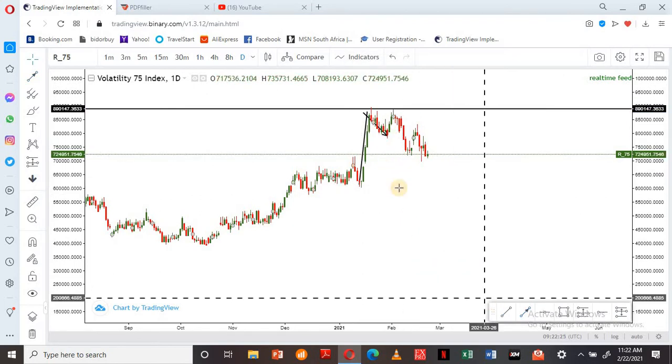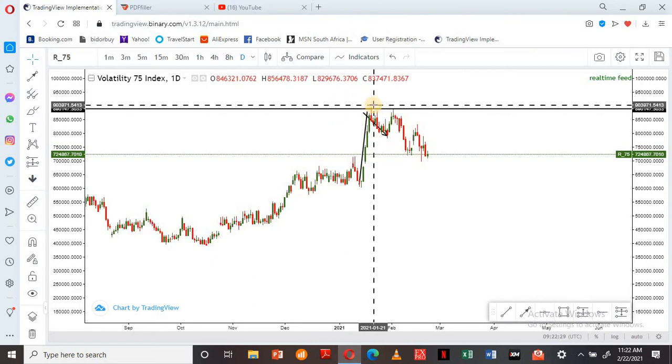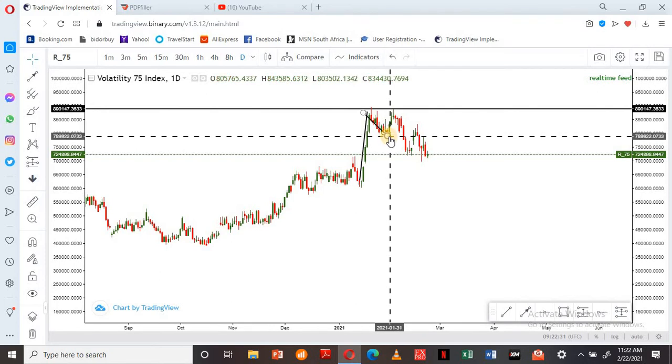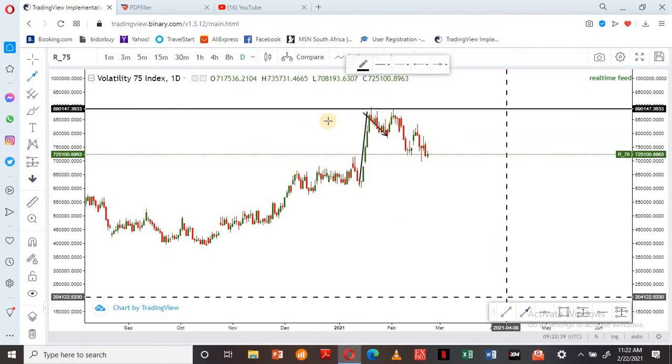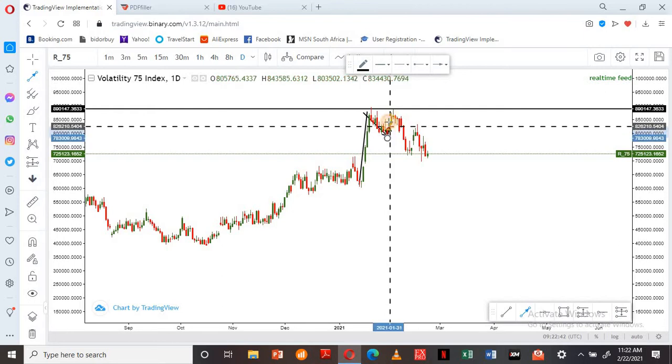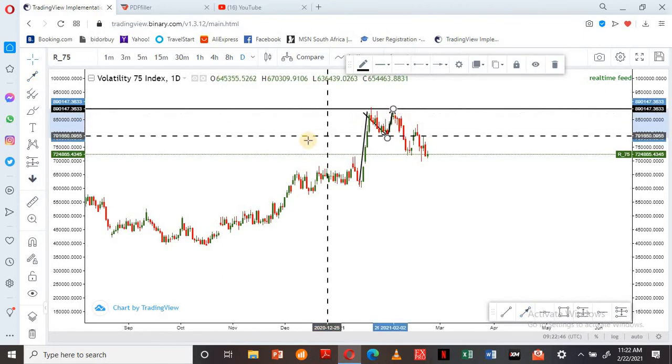First it created the first leg of resistance, came down, created the first leg of support, and went up to do what? To retest our previous level of resistance. That's the nature of the market.